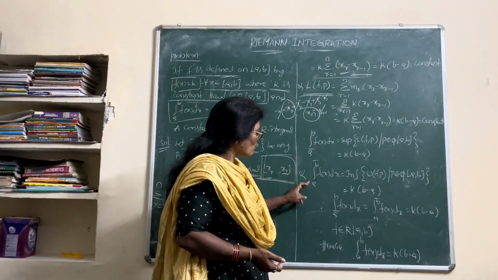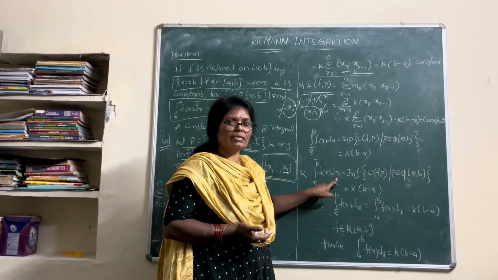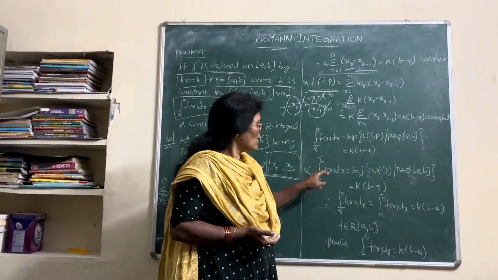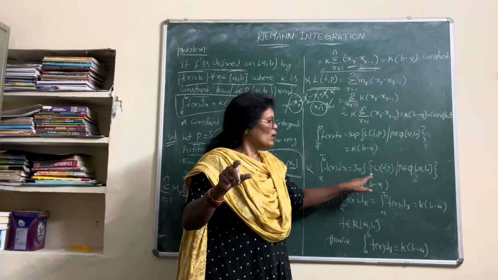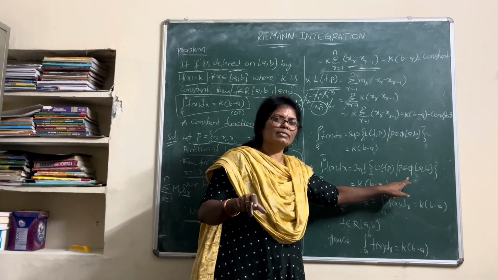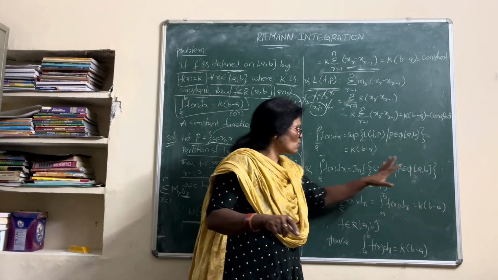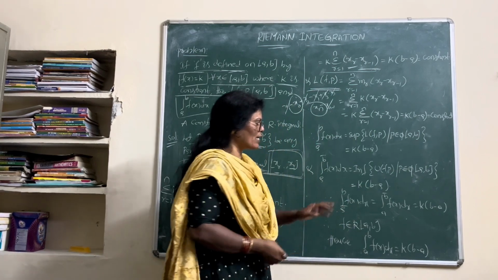And similarly we can find the upper Riemann integral, from a to b bar of f of x dx. By the definition of the upper Riemann integral, it is the infimum of the set of all those elements U(f,P), where P is a partition of the closed interval [a, b].